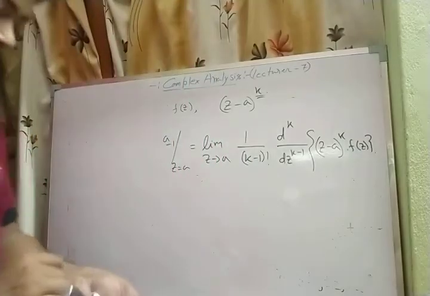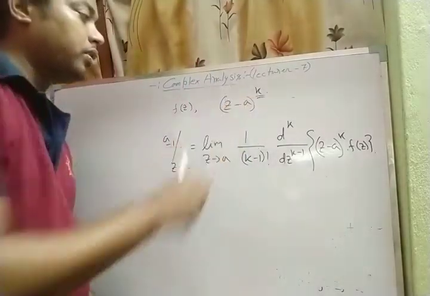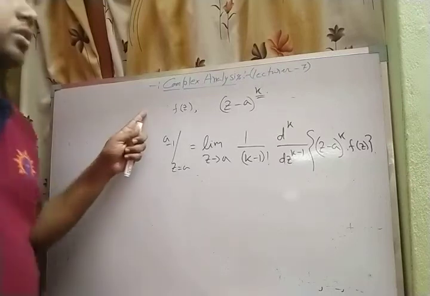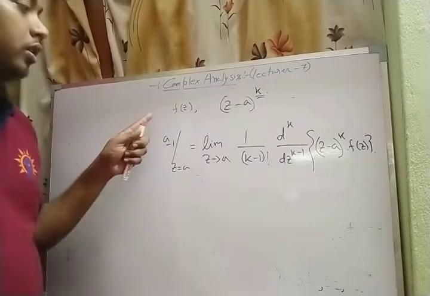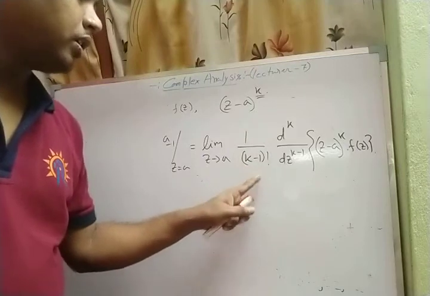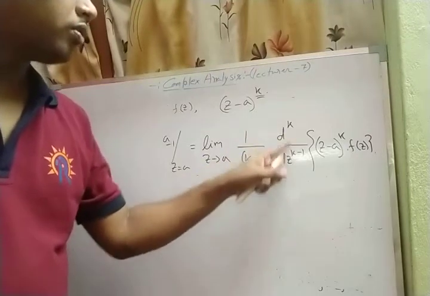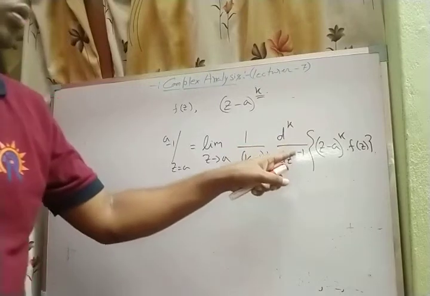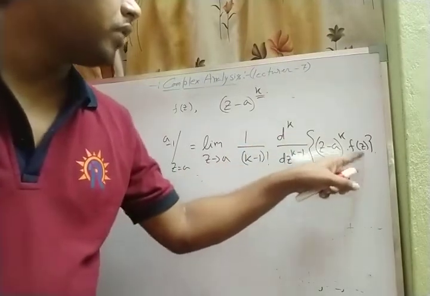Now putting the value k equals 1, that is, considering the first previous case I have discussed, this gives 1 by 0 factorial, that is 1, and the derivative of order 0, so (z minus a) times f(z).